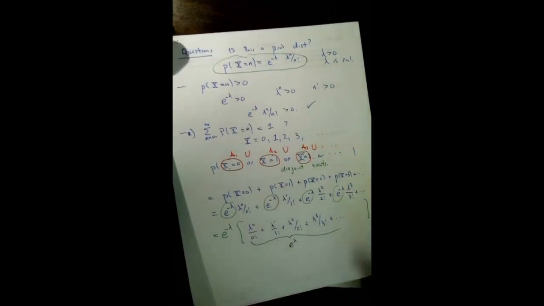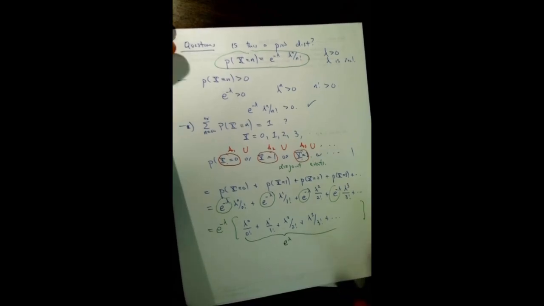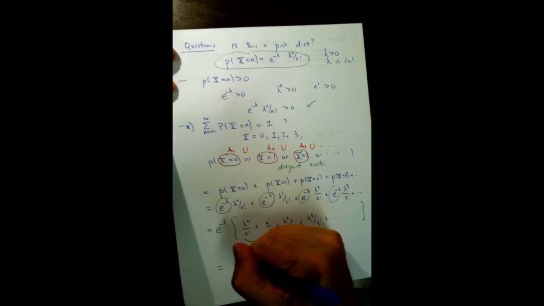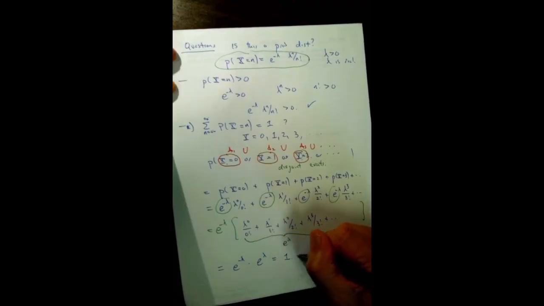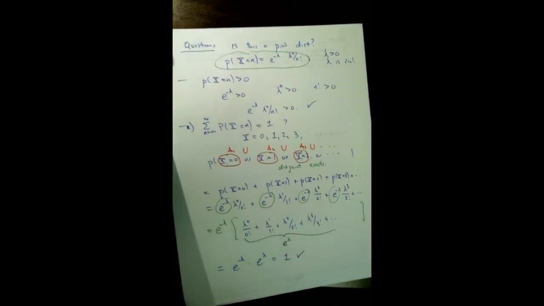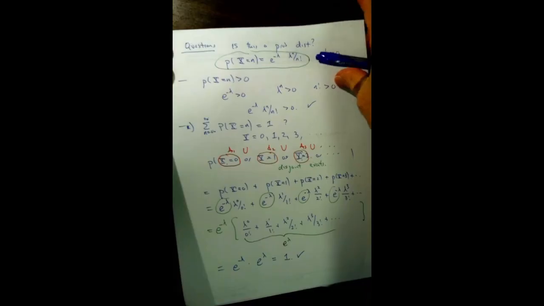So you are expected to know that and recall that and be able to derive that. So that was a Calc 2 thing. So this is e to the minus lambda times e to the lambda, and that's just equal to 1, so life is good.